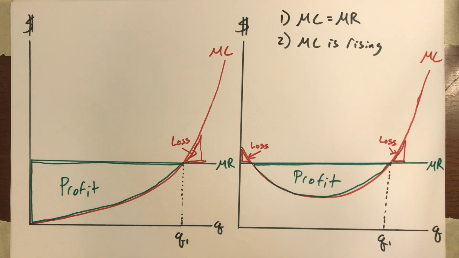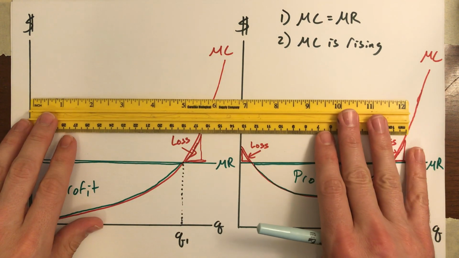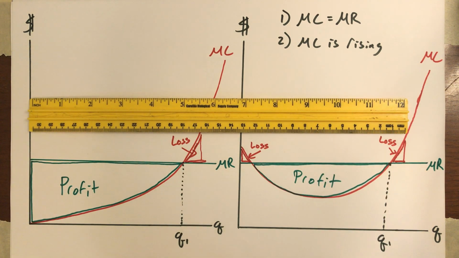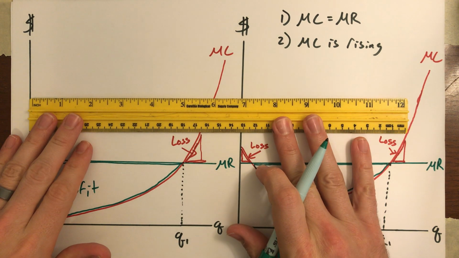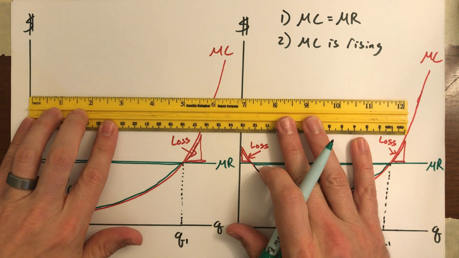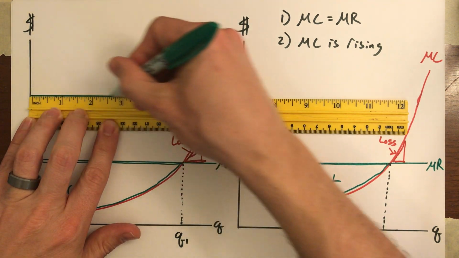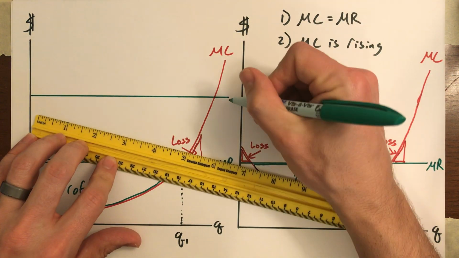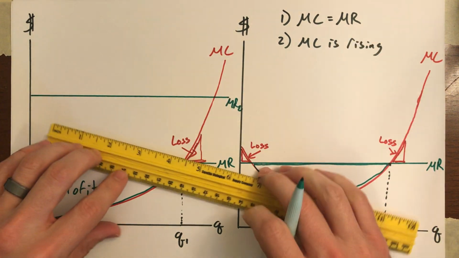Okay, well, in that case, if the price gets pushed up, that would be represented by a second marginal revenue curve. Call that MR2.